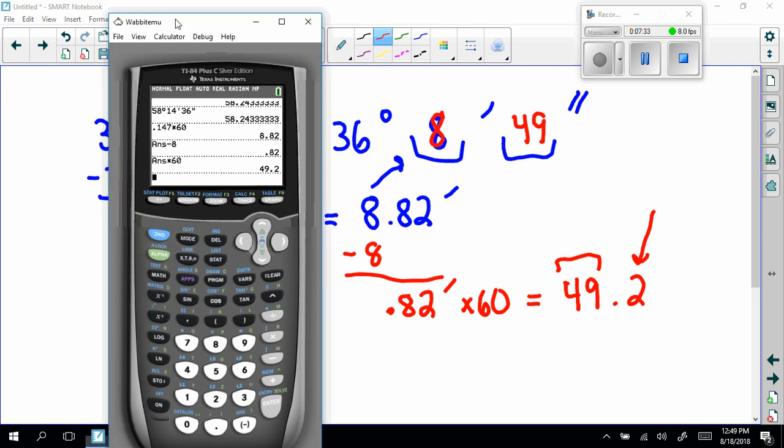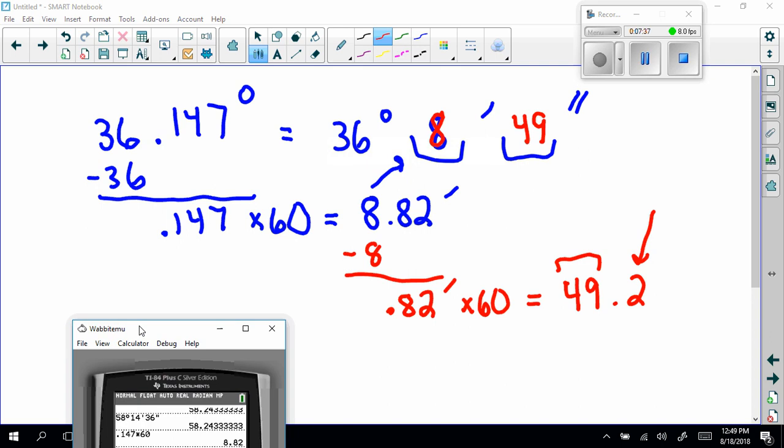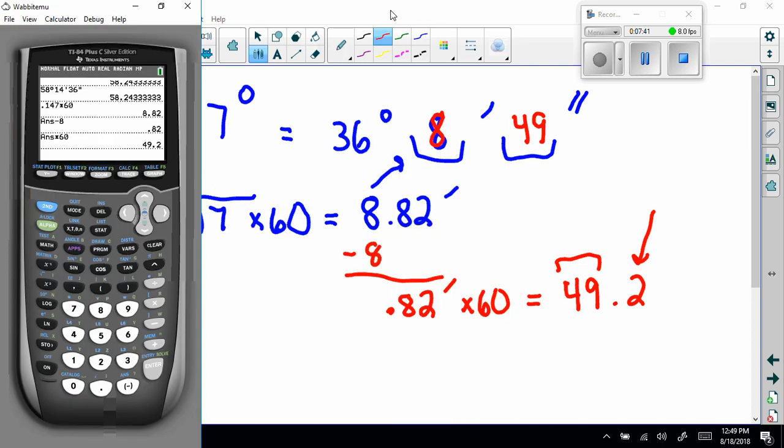So I do like the calculator actually better for this. If I go 36.147, there's that angle feature, second angle, convert to degrees, minutes, seconds.